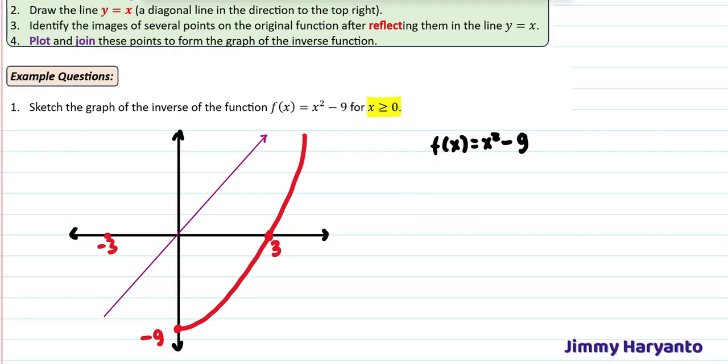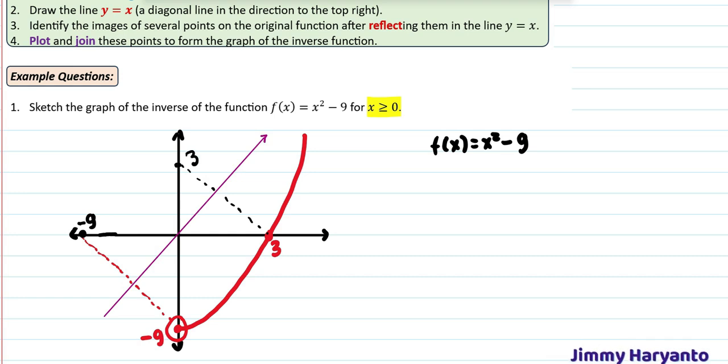So the -9 right here, when it is reflected to the y equals x, it will end at -9 right there, and then for the 3 right here, it will end at 3, and then you only have to connect the points and see the shape of the original one.